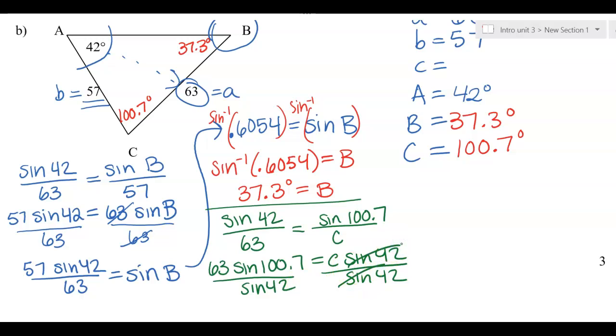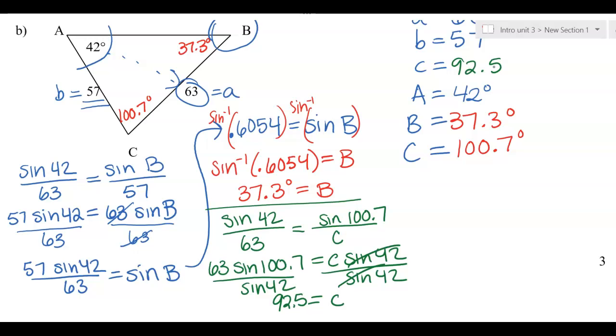You'll notice lots of calculator work, so you want to be good at using your calculator. And that should give us 92.5. So C is equal to 92.5.